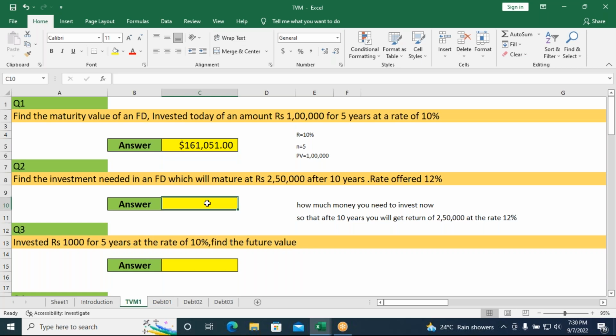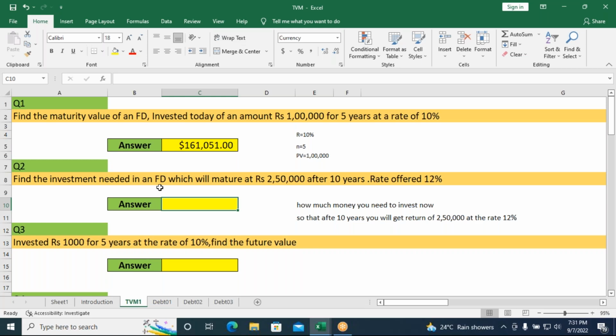So now let's see the next one. Find the investment needed in an FD which will mature at rupees 2.5 lakh after 10 years at the rate of 12%. So here I have to find the investment, meaning how much amount I need to invest today in an FD in order to get the maturity value, that is 2.5 lakh after 10 years, where I am going to get the interest at 12%.